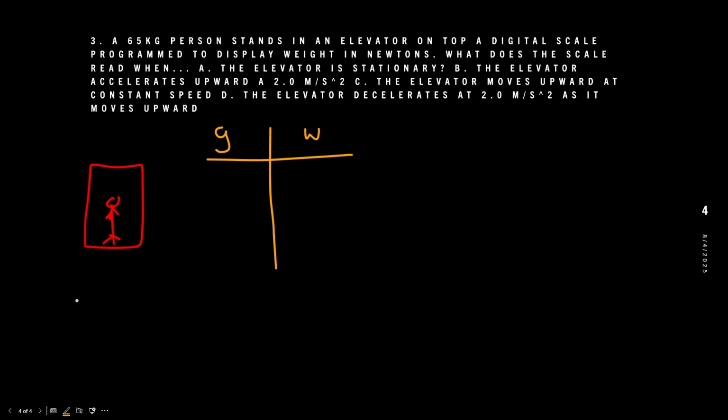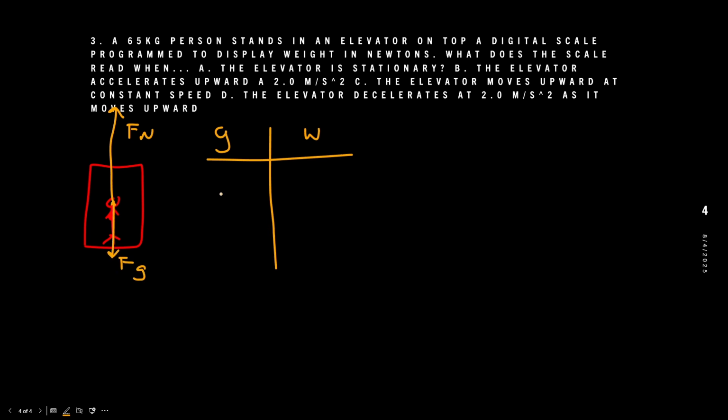So for part B of this problem, it says that the elevator accelerates upwards at 2 meters per second squared, which means that the normal force would be greater than Fg because it's moving upwards. So we could represent that as drawing a longer arrow for Fn and then just drawing a shorter arrow for Fg.